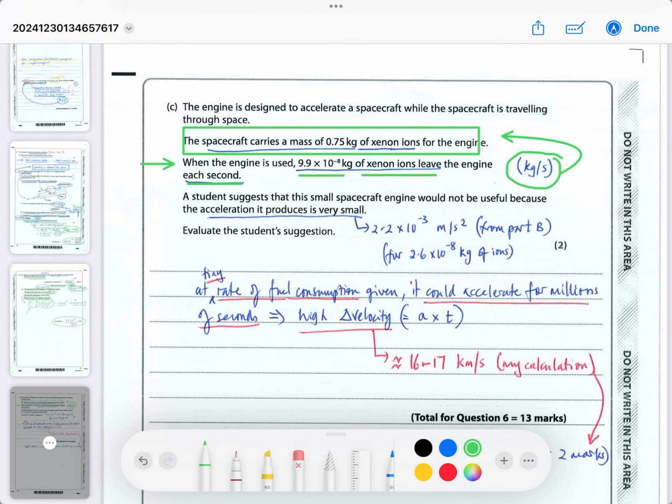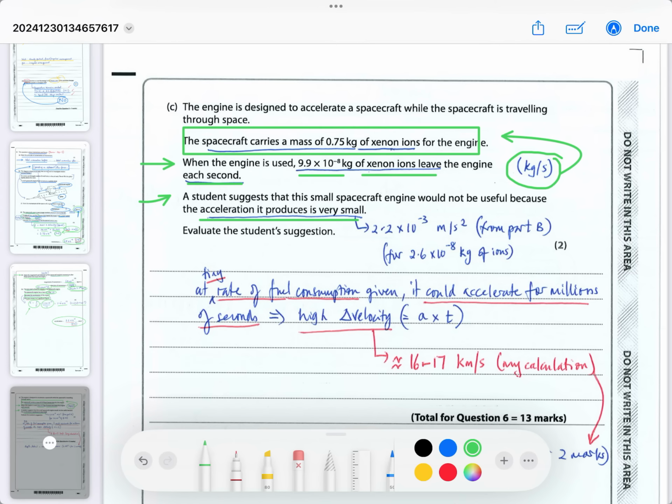As it says, a student suggests that this small spacecraft engine would not be useful because the acceleration it produces is very small. And we did that.